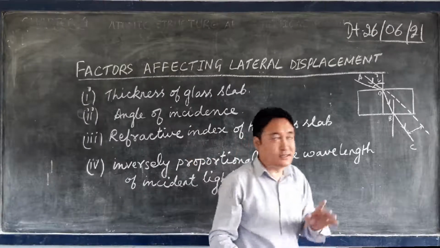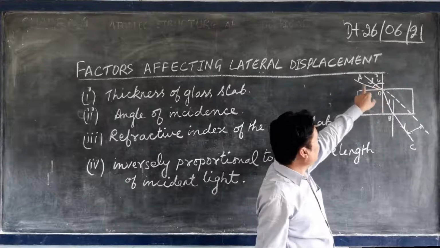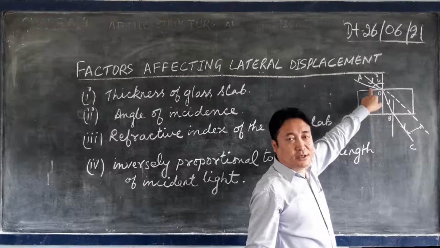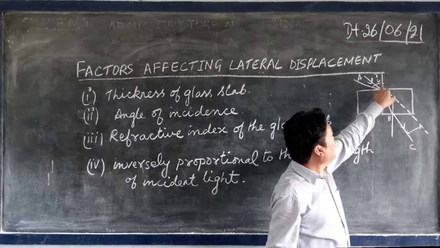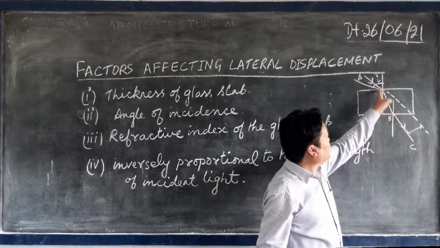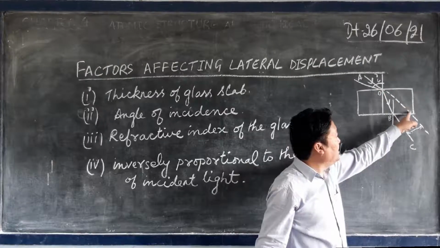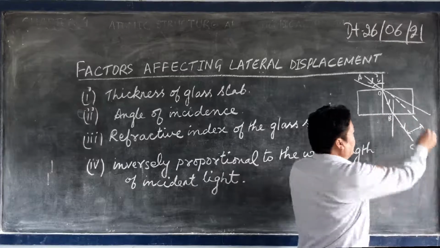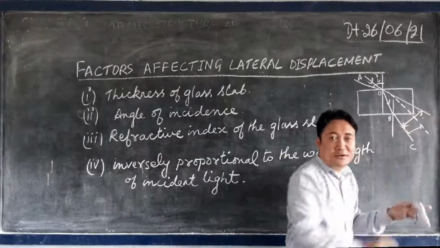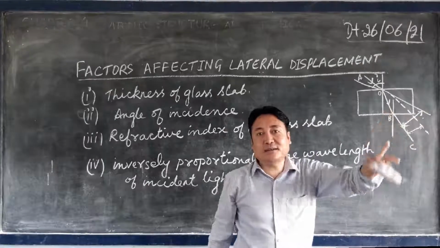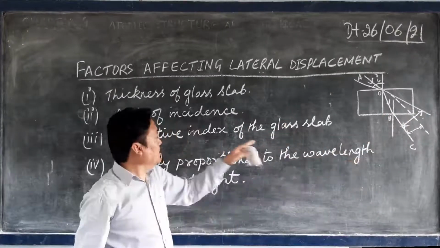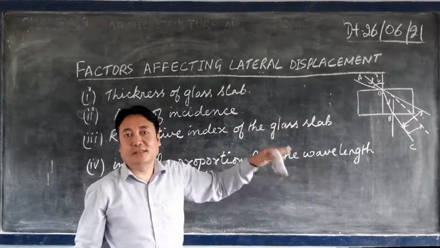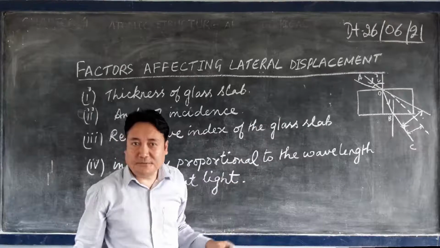How it happens: when I increase the incident ray, the angle of incidence also increases, and when I draw the original path of the incident ray, this line will increase. Therefore, lateral displacement increases with the increase in angle of incidence, and decreases with the decrease of angle of incidence.